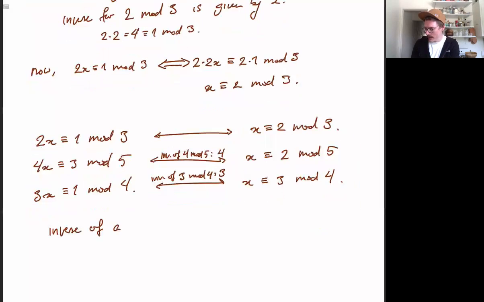Inverse of A mod M is not always A. So we see this a lot.